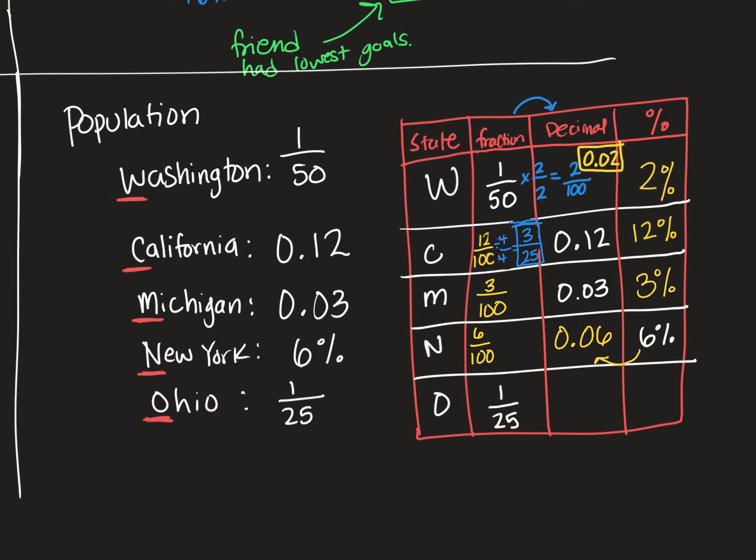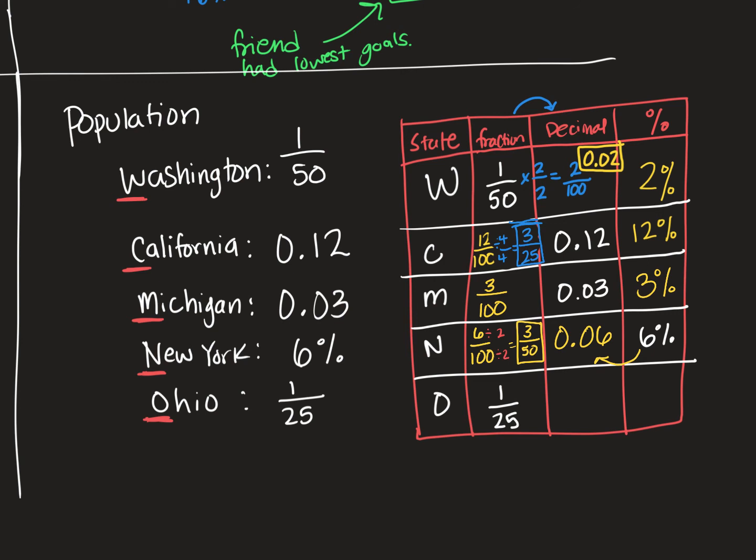So I can divide 6 hundredths by 2. 6 divided by 2 is 3. 100 divided by 2 is 50. So 3/50ths, 3 out of every 50. 6% of the population of the United States lives in New York.